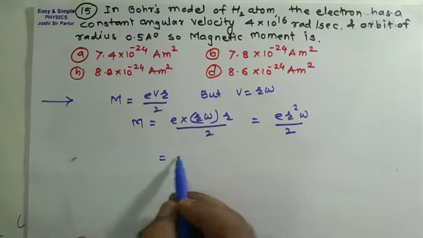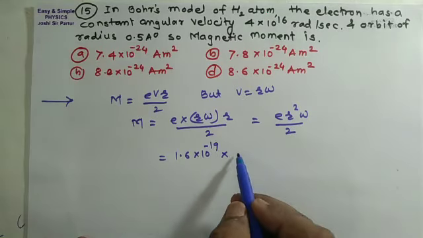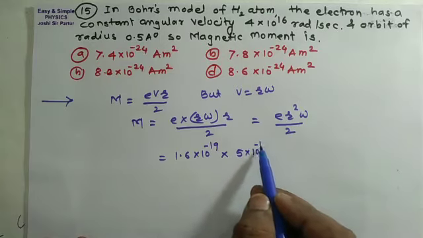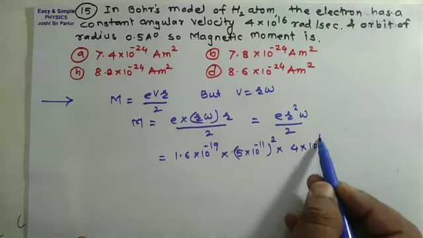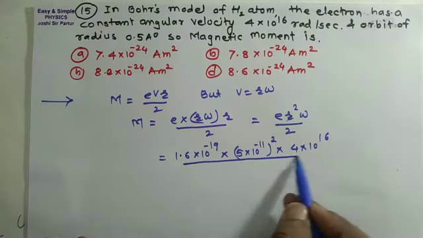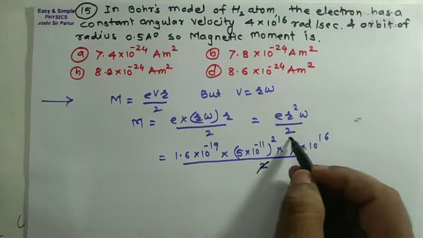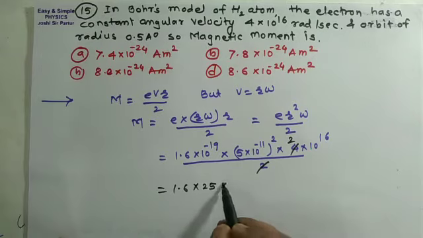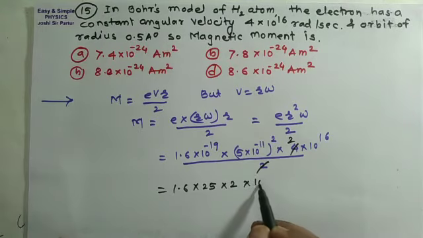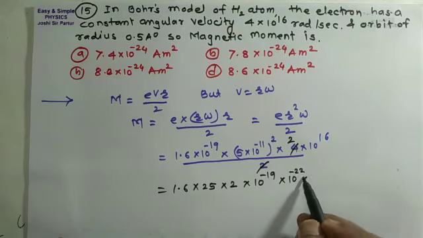If we substitute the values, 1.6 × 10^-19 multiplied by (5 × 10^-11) squared multiplied by 4 × 10^16 divided by 2. The 2 on the 2, 2 to the 4. So 1.6 multiplied by 25 multiplied by 2 multiplied by 10^-19 multiplied by 10^-22 multiplied by 10^16.